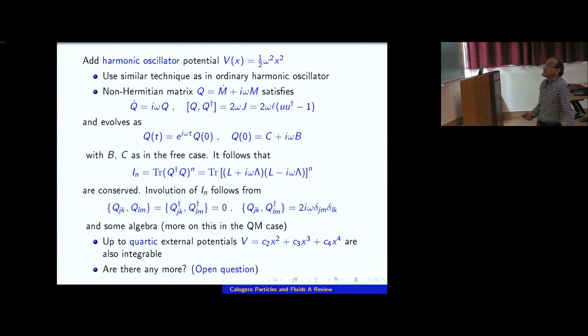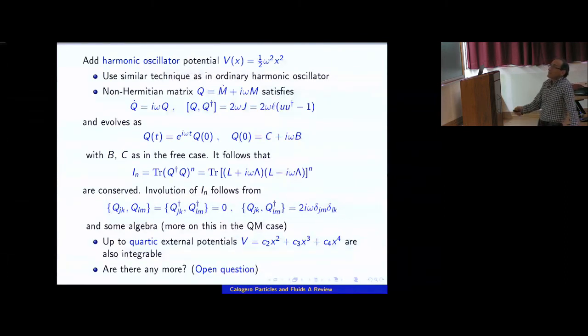And conserved quantities, of course, now arise out of taking Q dagger Q as an operator, in which case the time dependence drops. So Q dagger Q is time independent. The trace of any power of that will be time independent. So those are now the new conserved quantities for the harmonic Calogero model.